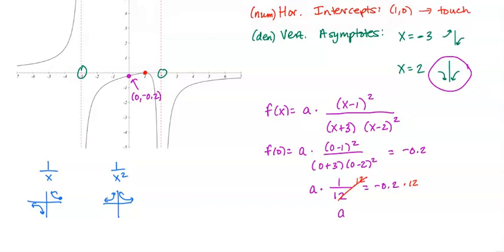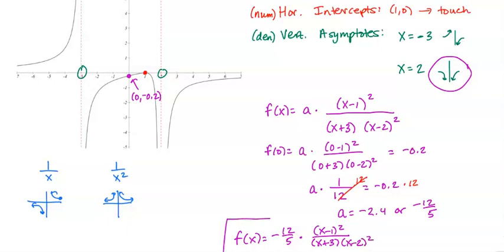So it tells us that a is equal to -0.2 times 12, so we could write that as -2.4, or as the fraction -12/5. Putting that all together, our function is going to be, I'm going to go ahead and use the -12/5, -12/5 times (x minus 1) squared all over (x plus 3) times (x minus 2) squared.